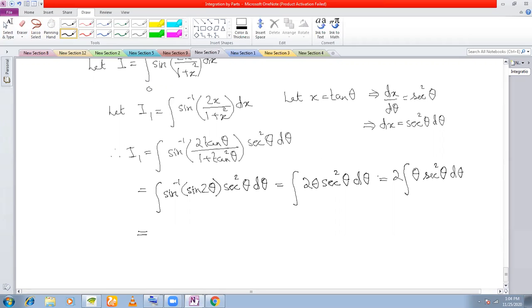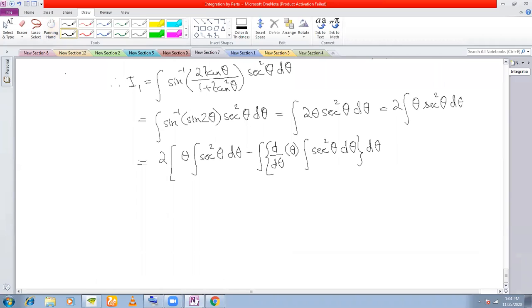Now this has to be integrated by parts. Twice theta sec square theta. Theta is an algebraic function, sec square theta is a trigonometric function. So you take theta as your first function: theta times the integral of sec square theta d theta, minus the integral of the derivative of theta, times the integral of sec square theta d theta, and the whole thing should be within d theta.